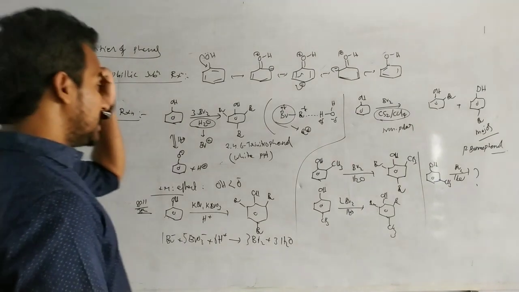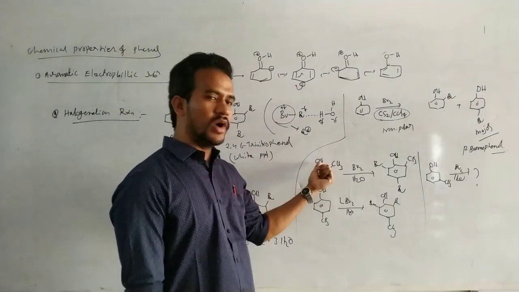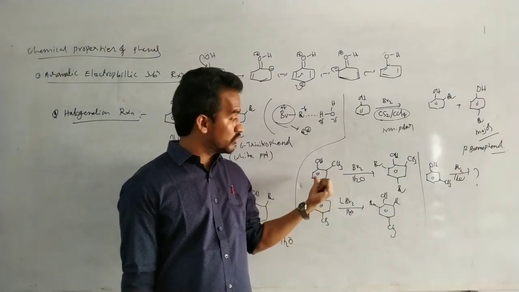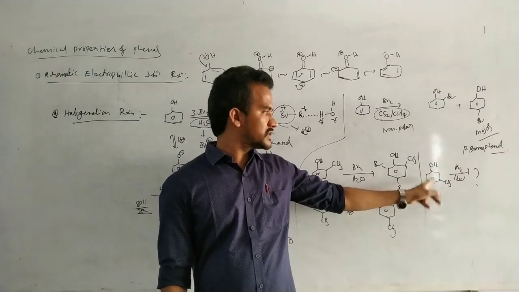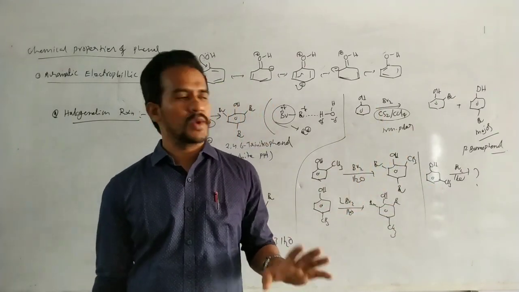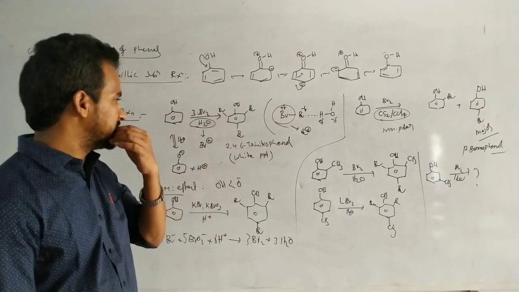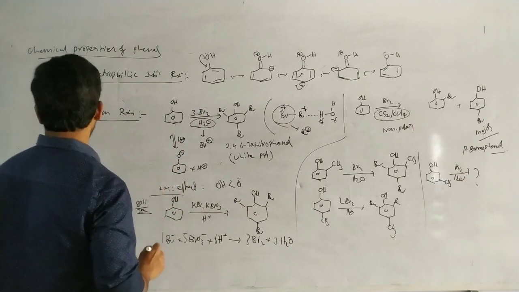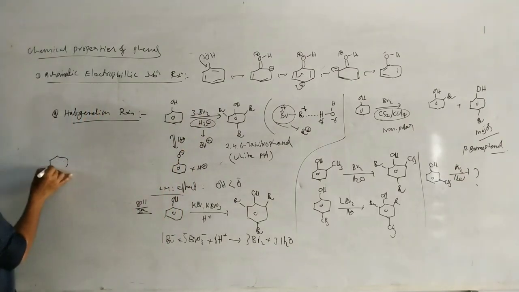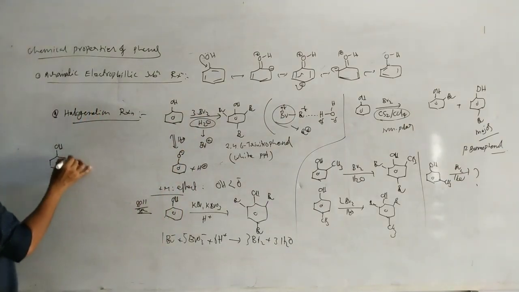If the meta position is there, generally CH3 is also activating, and OH is activating. Both OH and CH3 are activating groups, so it is more reactive. With H2O or with acetic acid also, tribromination takes place.